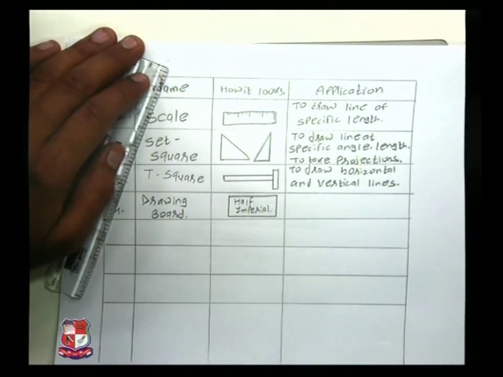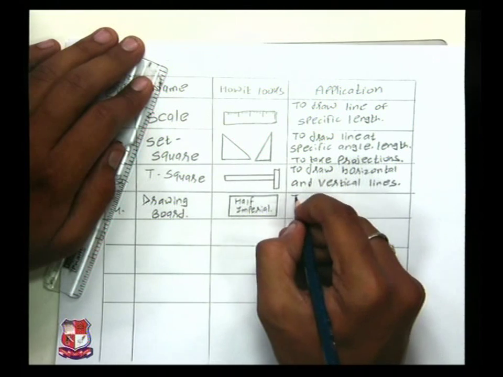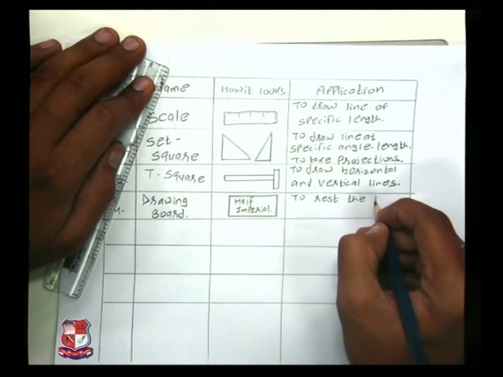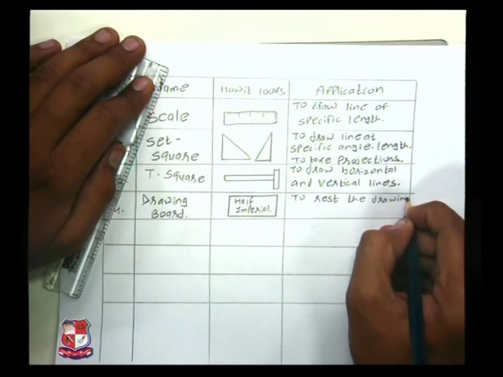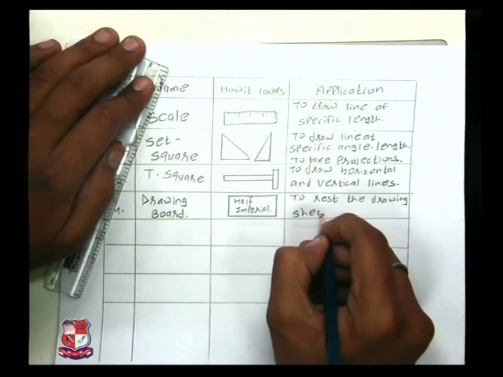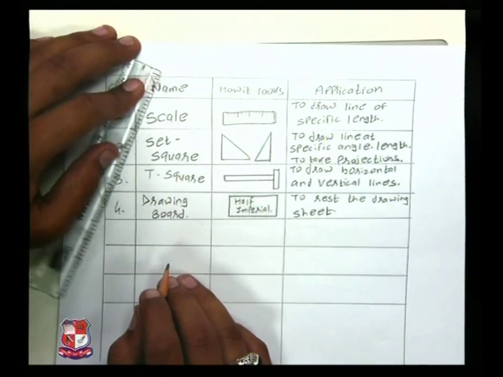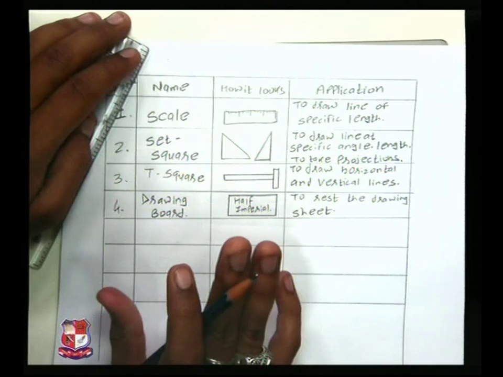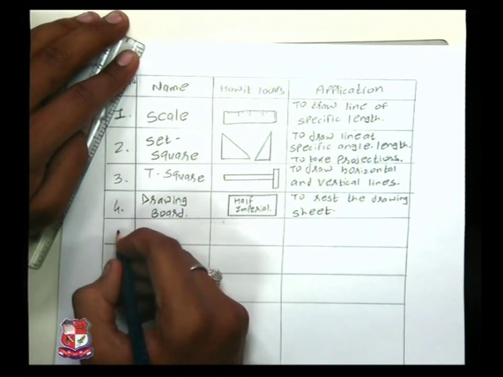A drawing board of half imperial size is used to rest the drawing sheet. With the drawing board, the drawing sheet can be rested in a steady condition itself.